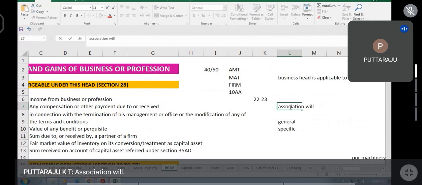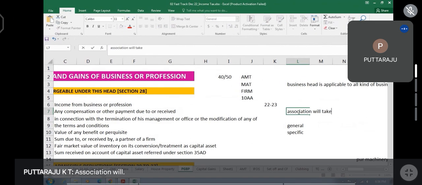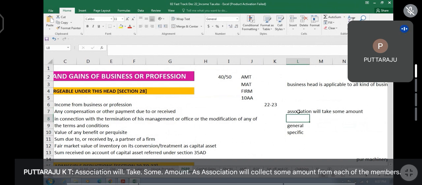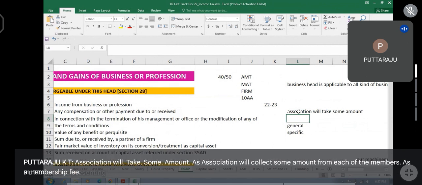Association will collect some amount from each of the members as a membership fee. From that amount, it will give some general services applicable to all.